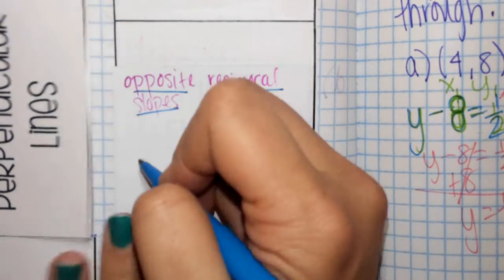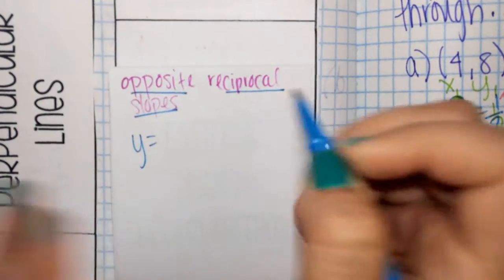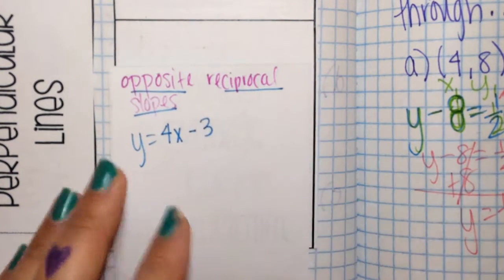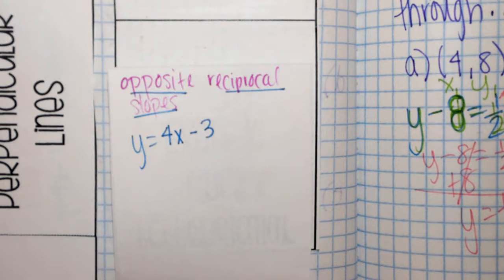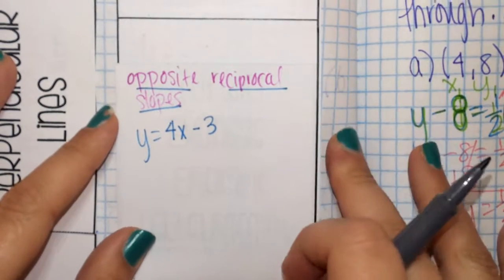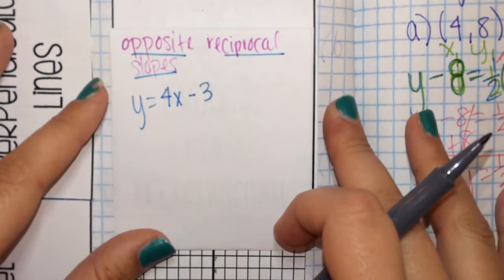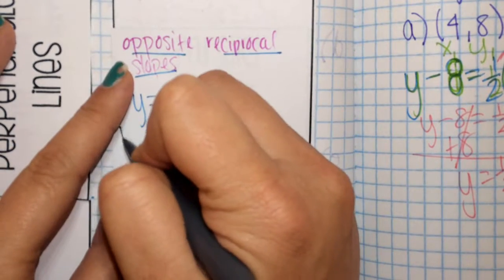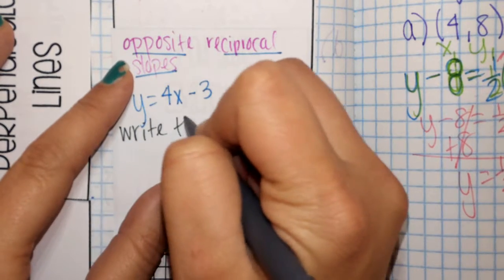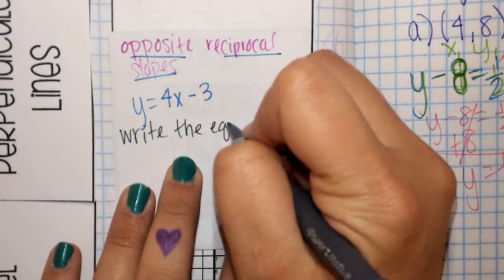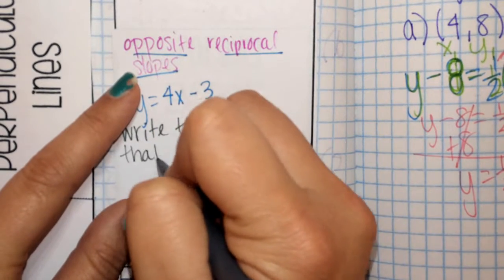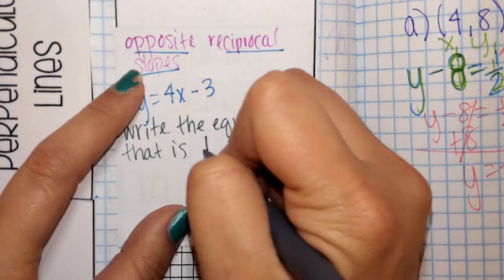Opposite reciprocal slopes. Now, we are going to write our equation for perpendicular lines, and then we are going to graph it. Is everybody ready? All right, so my first equation is going to be y equals 4x minus 3, and I want you to write the equation that is perpendicular.